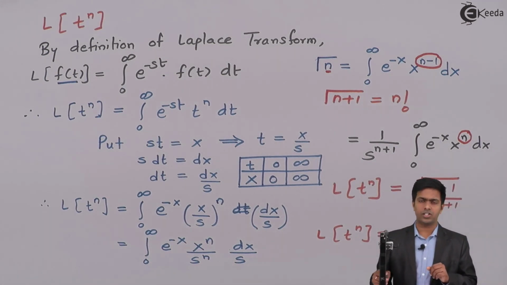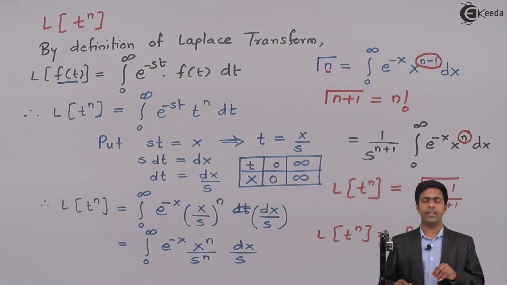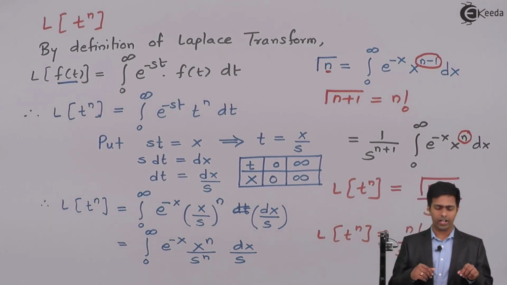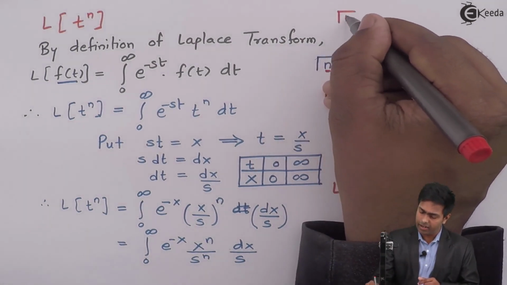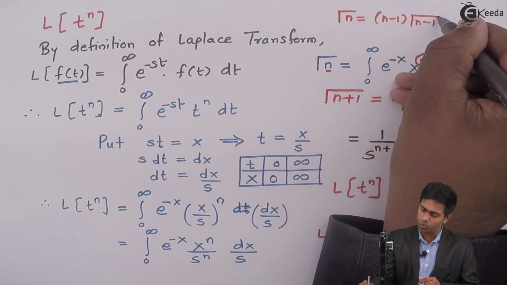And we use the gamma formula when this power n of t is a fraction, because using gamma function you can evaluate the fraction by using one property, that is gamma n is equal to n minus 1 gamma n minus 1.